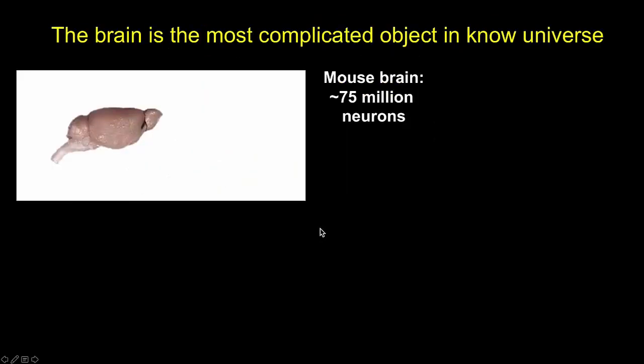However, as you would also appreciate, the human brain is the most complicated being in the known universe. Even a mouse brain, which is routinely used in experimental research, consists of 75 million neurons, and maybe billions or trillions of synaptic connections.